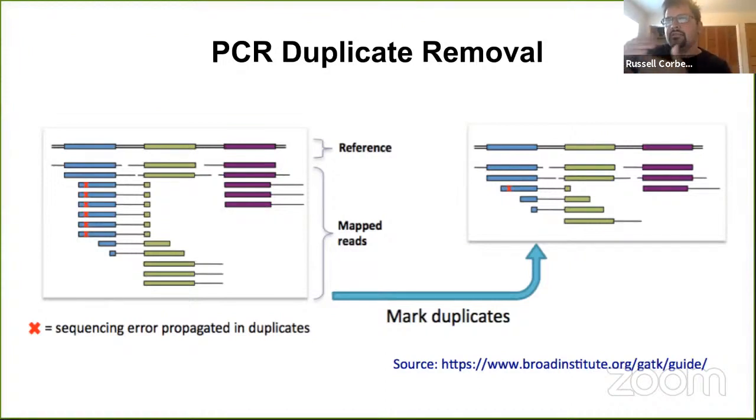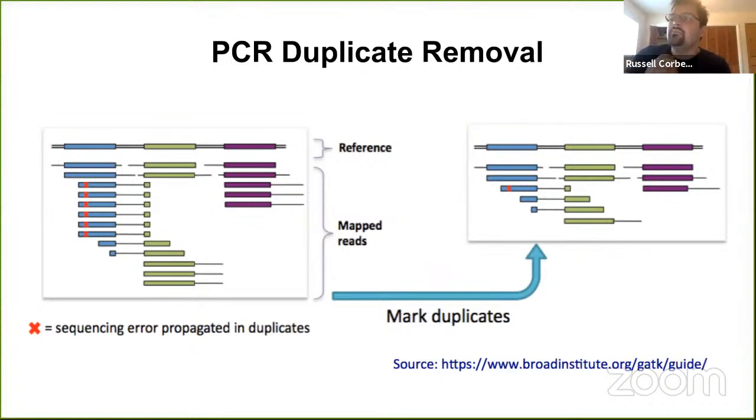When you align that to a reference genome, what that should look like is reads whose first and last coordinate, or if they're paired, first coordinate and first coordinate of the second read, are exactly the same. The reason is you've copied that same original molecule. And so when you align it back to the genome, it should have the same alignment.